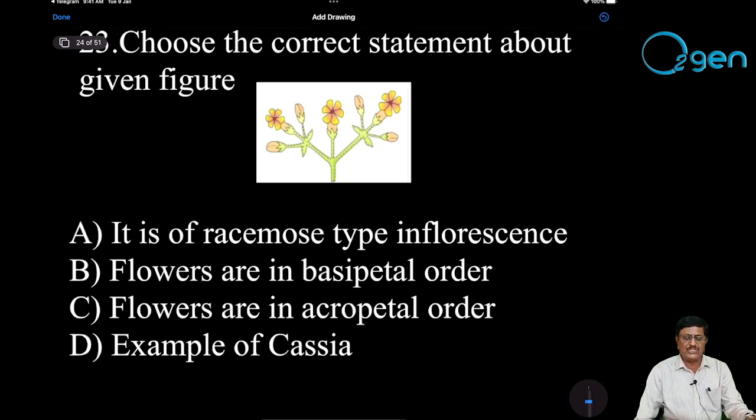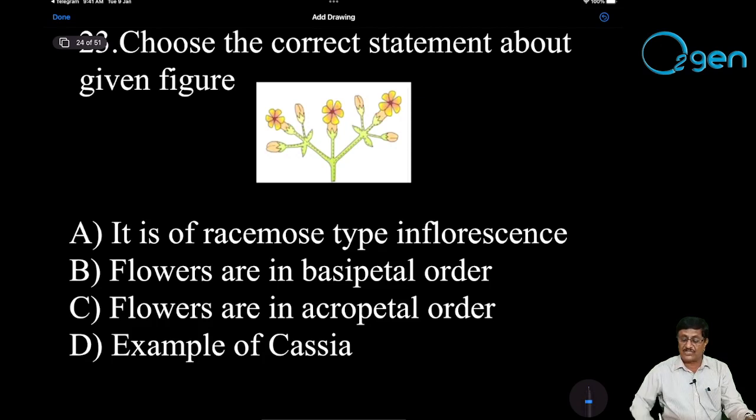Question 23. Choose the correct statement about the figure given. Here, inflorescence is given. Option A, it is a racemose type of inflorescence. What is racemose type?